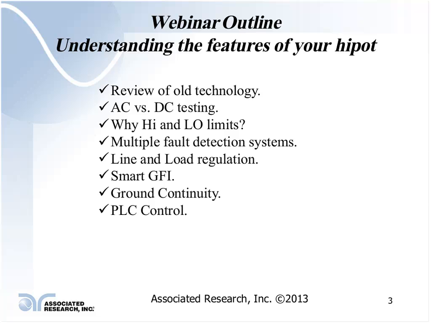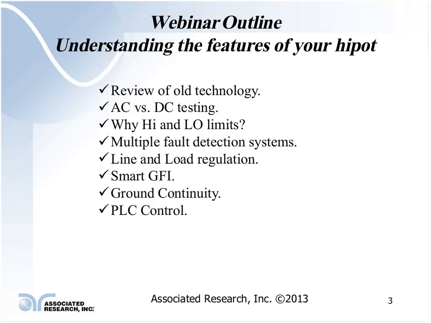The testers today typically use multiple fault detection systems for shutting down the Hipot tester, and they monitor different things. We have some that actually monitor high-frequency noise that is generated due to an arcing condition. Again, we have both the high and low-limit detectors.